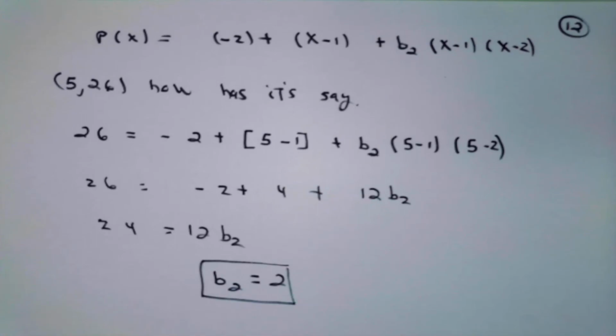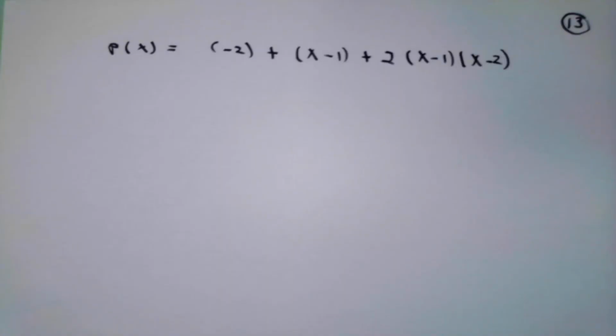I now know all of the coefficients in my third form of the interpolating polynomial. So p of x is negative 2 plus 1 times (x minus 1) plus 2 times (x minus 1)(x minus 2).